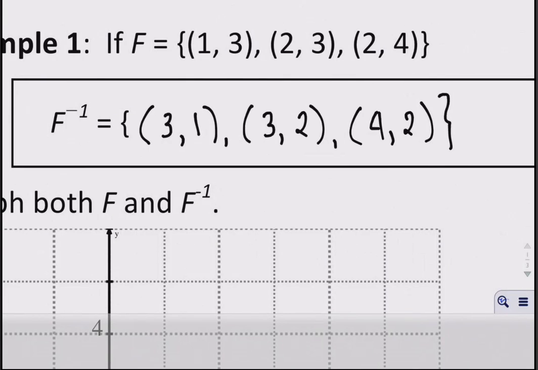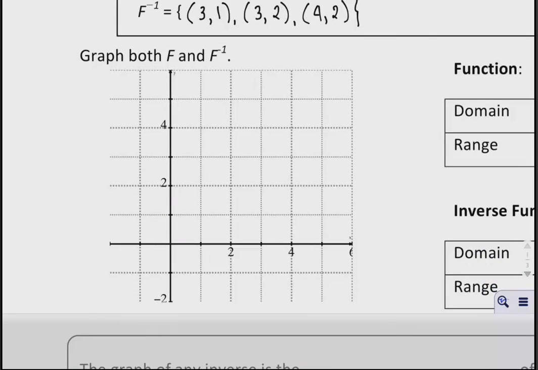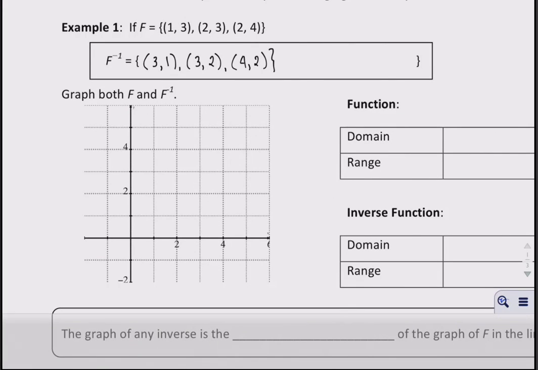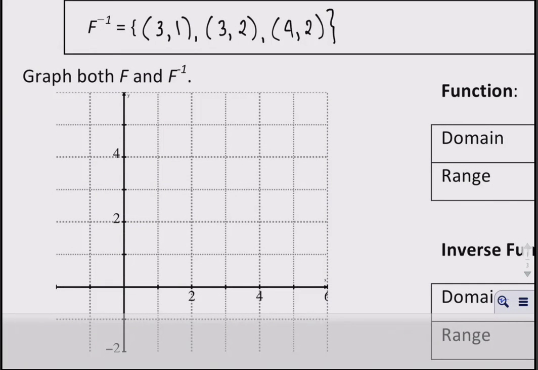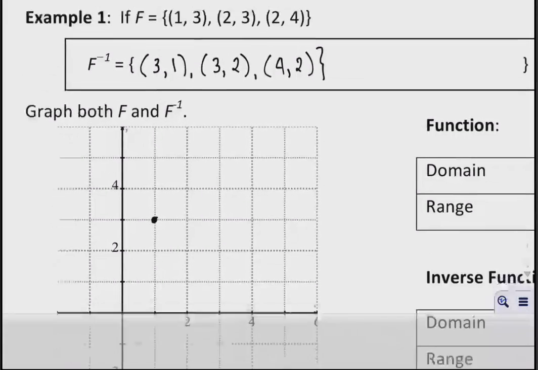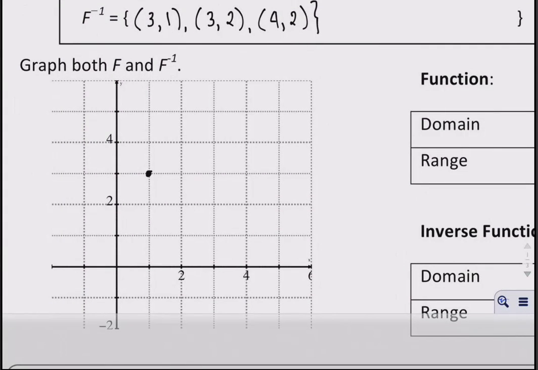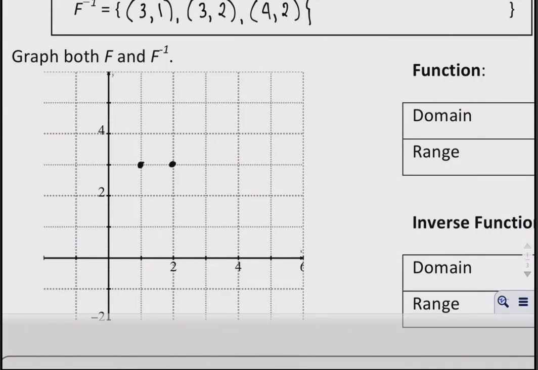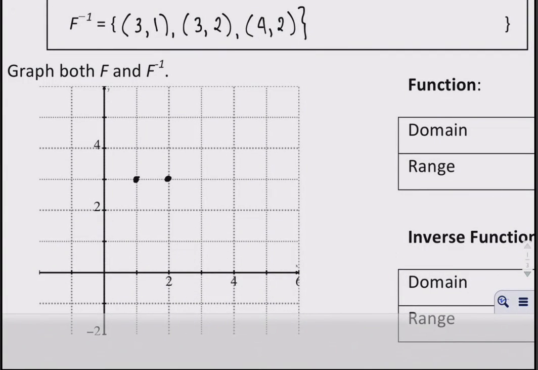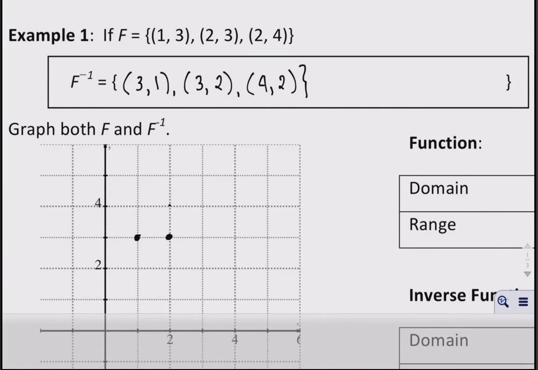Close off my brackets, and now let me sketch to see what both the graph of f and f inverse look like. So for f, I have 1, 3, so that brings me here. I have the point 2, 3, which brings me here. I have the point 2, 4, which brings me here.